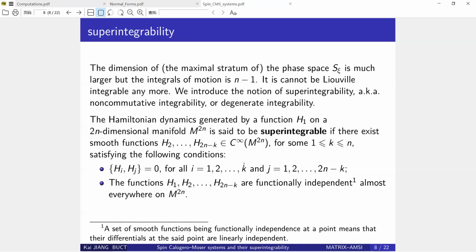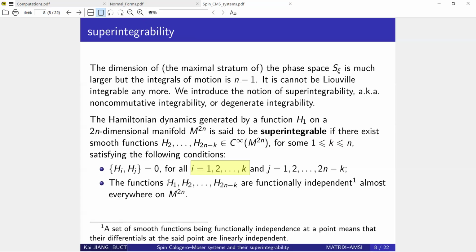but we require that the first k functions commute pairwise. The first k functions and the last 2n minus 2k functions may not commute.